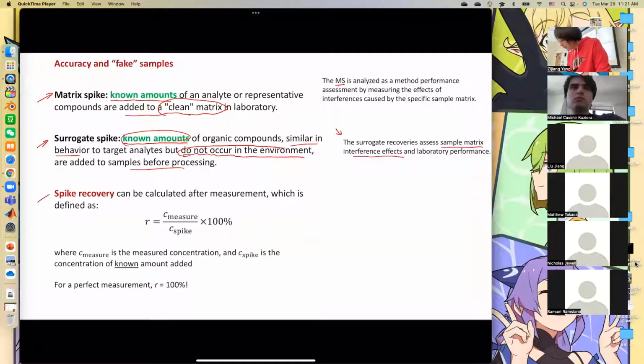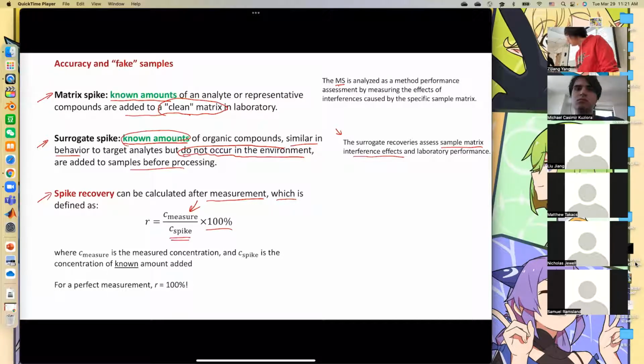And to quantify the accuracy, we can use the spike recovery, which can be calculated after measurement. It is defined as: the recovery equals the concentration of the measurement divided by the concentration of the spike, times 100%.